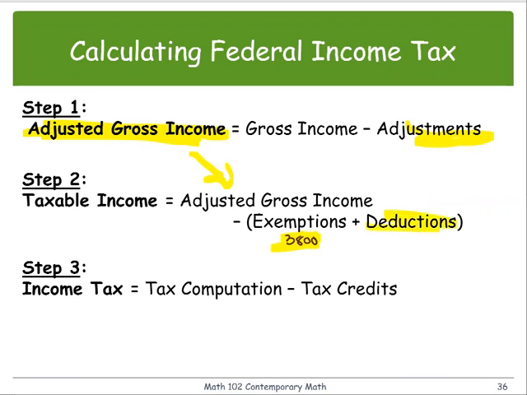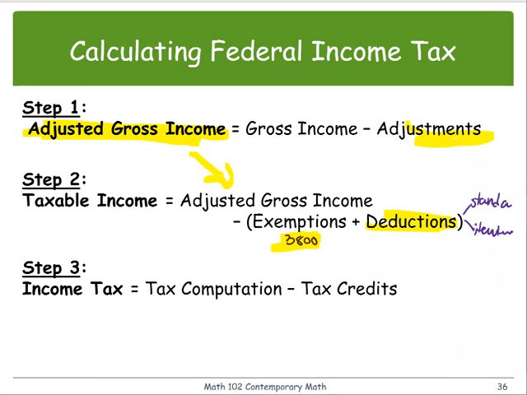For the deduction, there are 2 types. The first one is the standard deduction. The second one is called itemized deduction. Whichever is greater, we're going to choose that one.